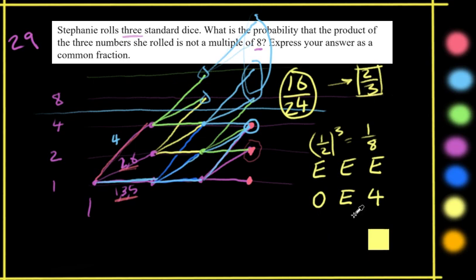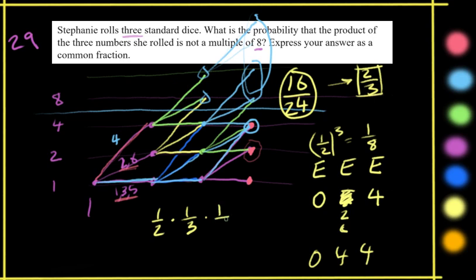Maybe what we should do is say odd, and then a 2 or a 6, and then a 4, and then we'll also consider odd, 4, 4. We'll have those as two separate possibilities. So let's say odd, 2 or 6, 4. That would be 1/2 times 1/3 times 1/6, and those can be in any order.